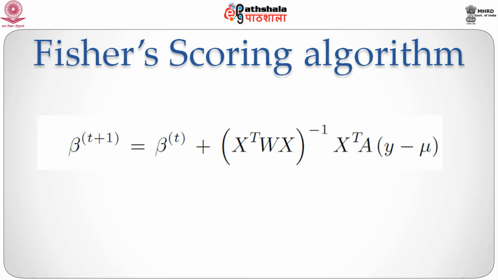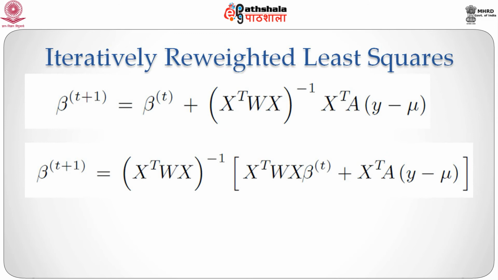This says that beta t plus 1 is beta t plus a correction factor which can be expressed as (X'WX) inverse into X'A into (y minus mu). The iteratively reweighted least squares works in this way.